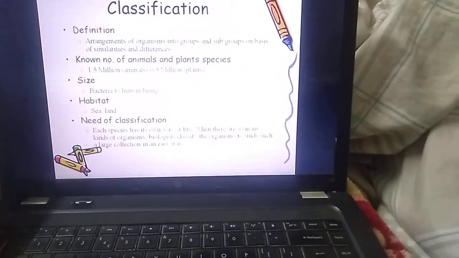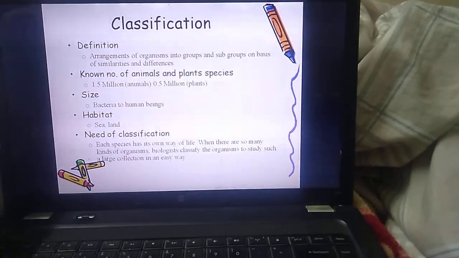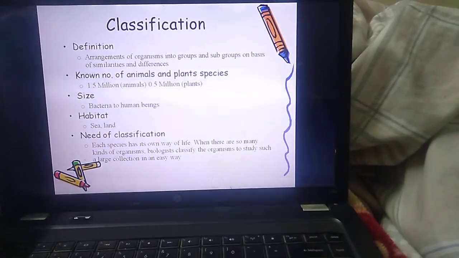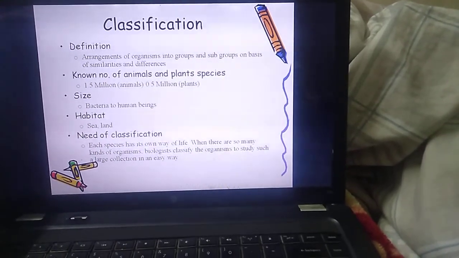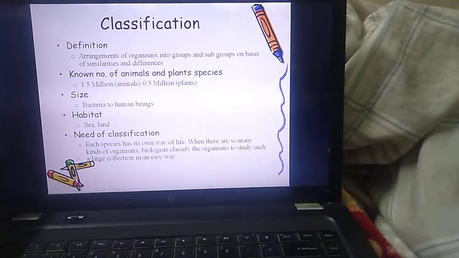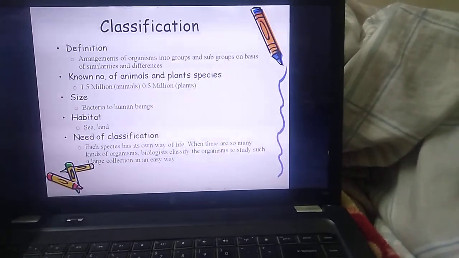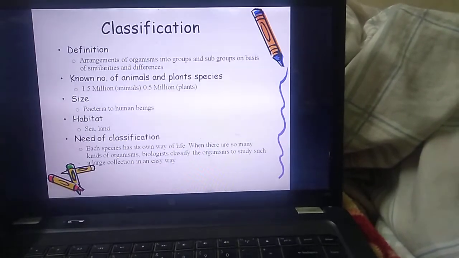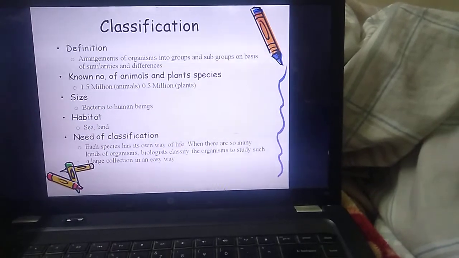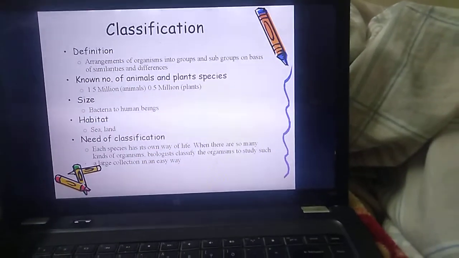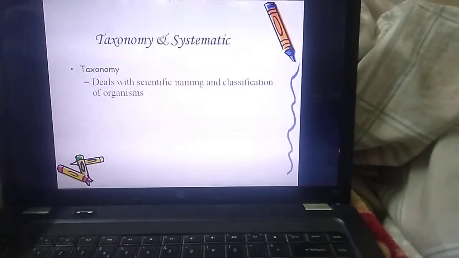Need of classification. Now, why is classification needed? Because there are so many kinds of organisms present, and biologists classify the organisms to study such a large collection in an easy way. Taxonomy and systematics.